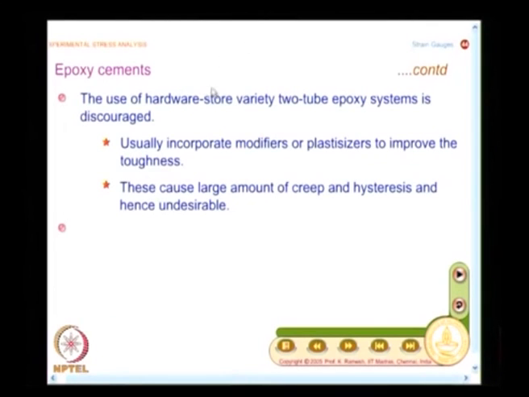You will have a thickness of maybe 0.5 millimeter, that is not good for your strain gauge instrumentation, because any of this hardware store variety 2 tube epoxy systems incorporate modifiers or plasticizers to improve the toughness. They cause a large amount of creep and hysteresis and hence are undesirable.